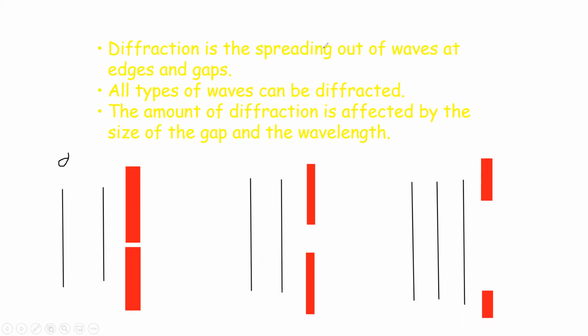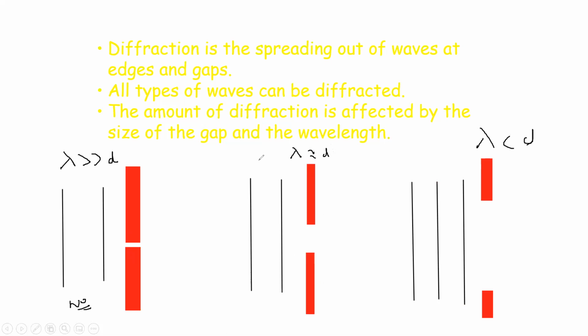Here the wavelength is much bigger than the gap size. Here the wavelength is approximately equal to the gap size, and here the wavelength is less than the gap size. So here, if the gap is too large, then there is no diffraction, no spreading.